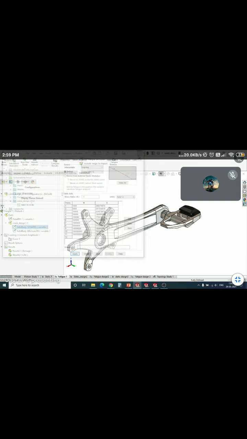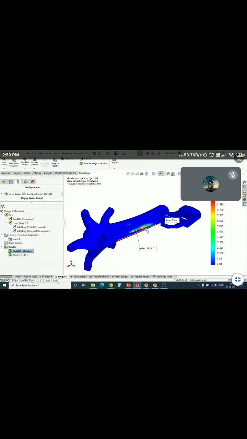So we apply the fatigue data, and then the software will show us where the maximum damage is occurring on the product. More than 100%, this area is failing, and this is the life. Where there is maximum damage, the life of the product is minimum. So it could withstand just under 4 million cycles only.